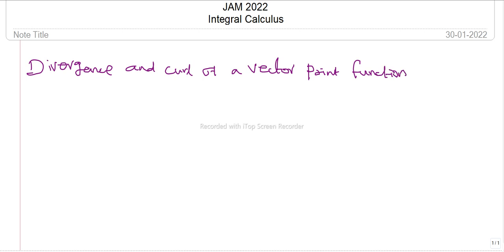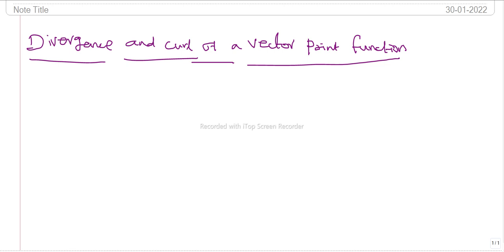Given any vector point function, we can define what is curl and what is divergence. But for a scalar point function, we have a gradient. So, definition for divergence.